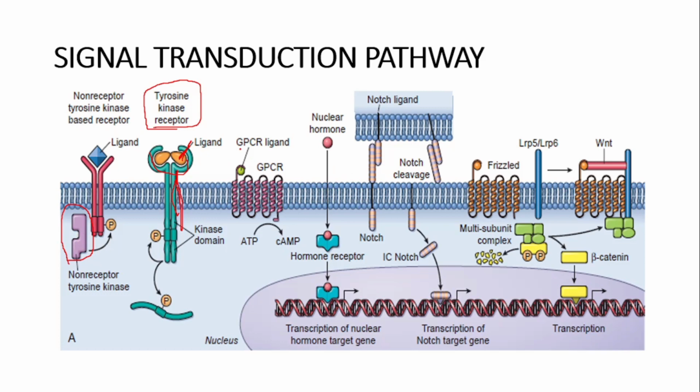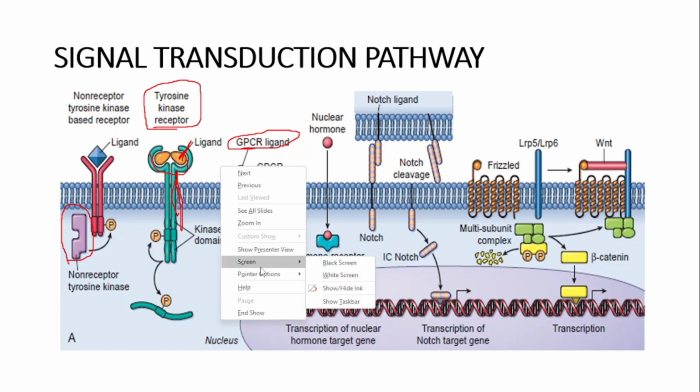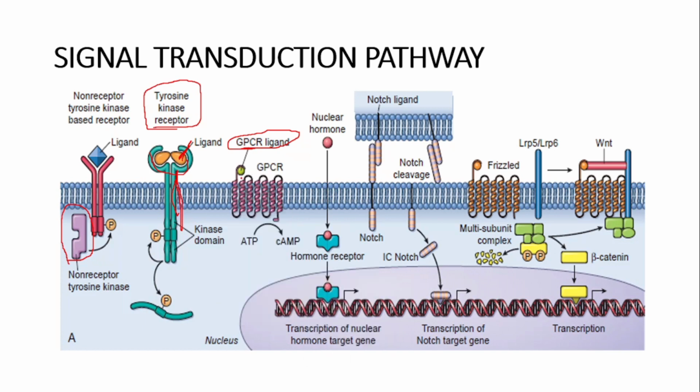and the third one is G protein coupled receptor. So these G protein coupled receptors will traverse the plasma membrane 7 times. Okay, so like this, it is 1, 2, 3, 4, 5, 6, 7.